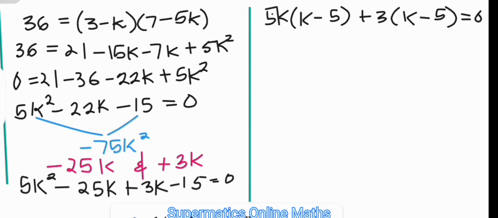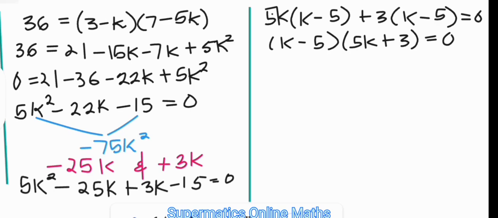So k minus 5, being the common factor, is factored out, and that's multiplying 5k plus 3 equals 0.